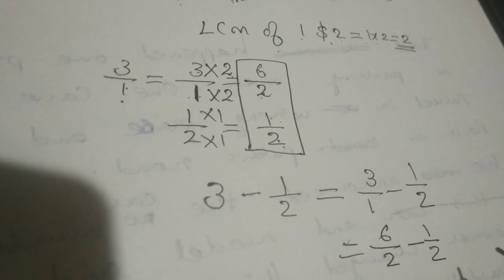So, 6 minus 1. For subtracting or adding like fractions, we have to subtract or add the numerators and write the same denominator. 6 and 1 are the numerators.